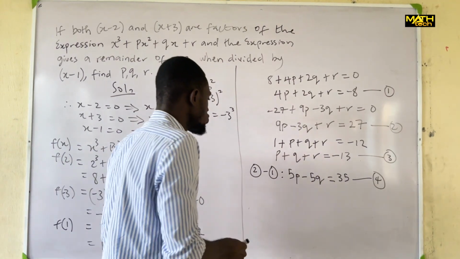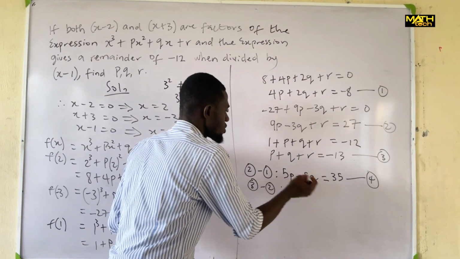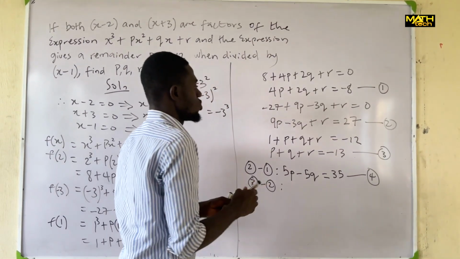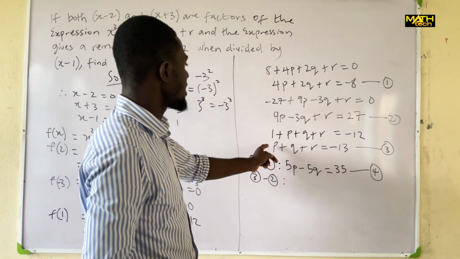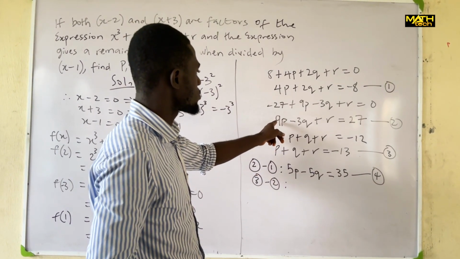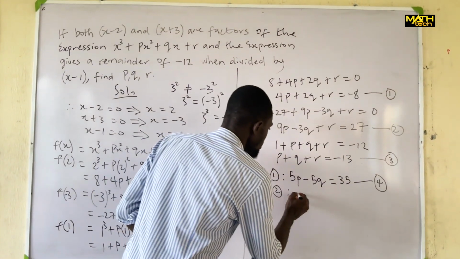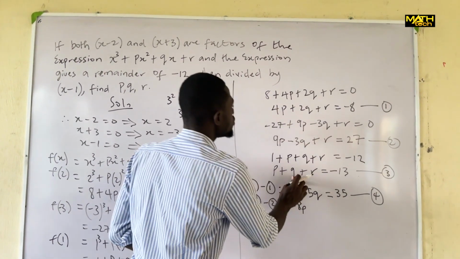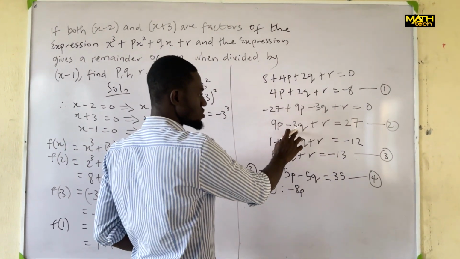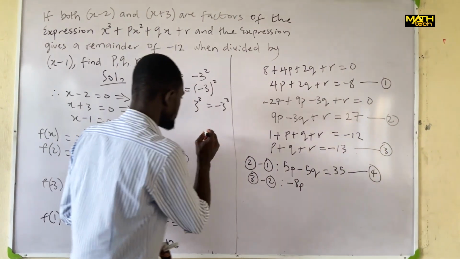And now, because of the similarities in every equation, we do equation 3 minus equation 2. So equation 3 minus equation 2. Equation 3 here, that's p. P minus 9p will give us what? Minus 8p. Q minus 3q. So minus multiply minus equals plus, and that's easy.